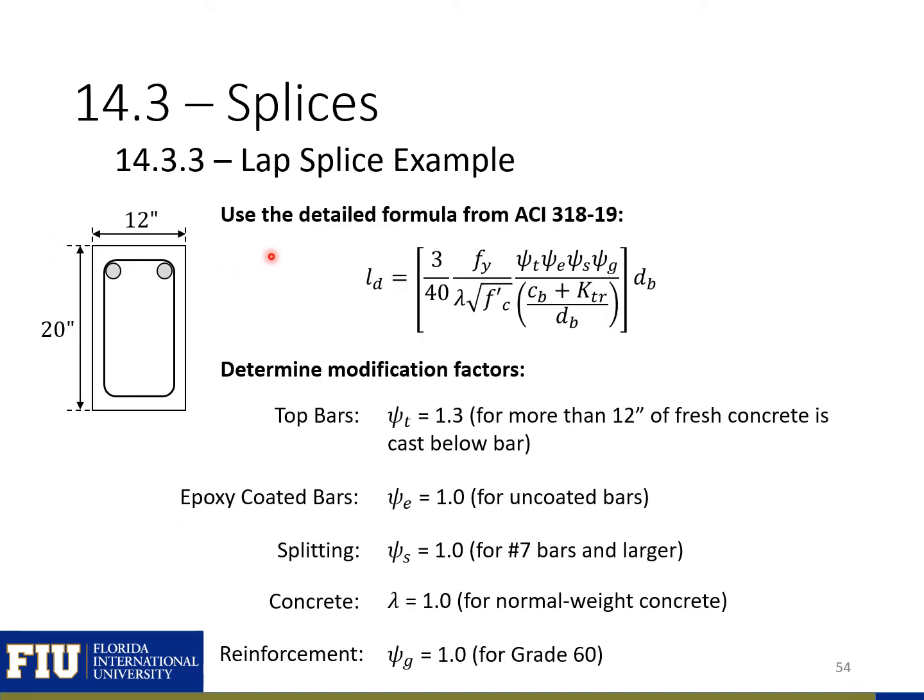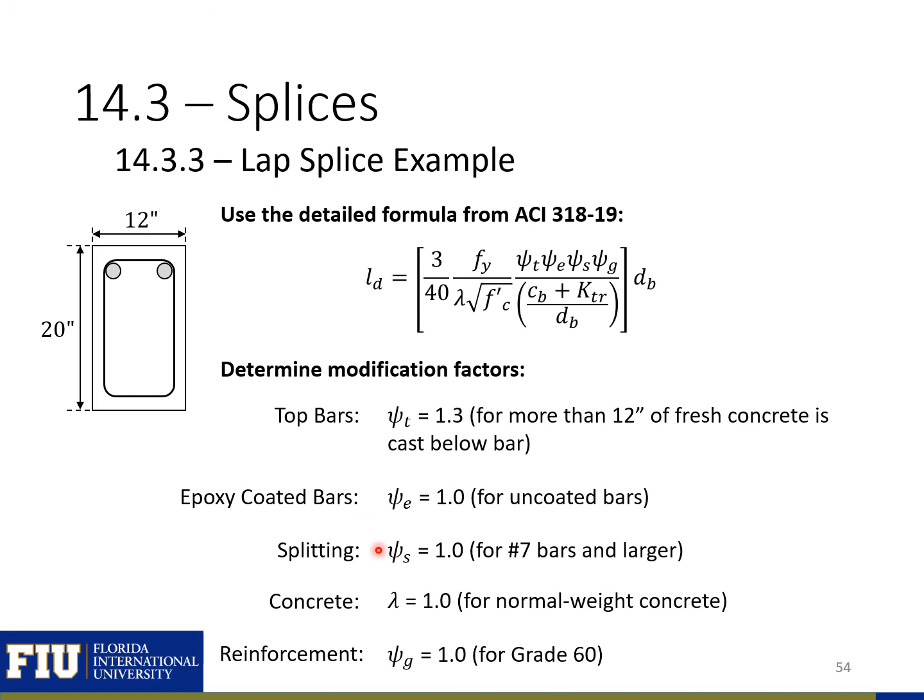We'll use the ACI 318 detailed formula to calculate our development length, which means that we first need to determine all of our different modification factors. We have a top bar factor equal to 1.3 because we have more than 12 inches of fresh concrete below the bars. Our epoxy coated bar factor is 1.0 for uncoated bars.